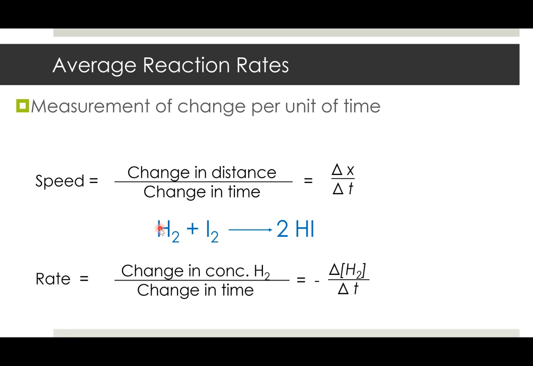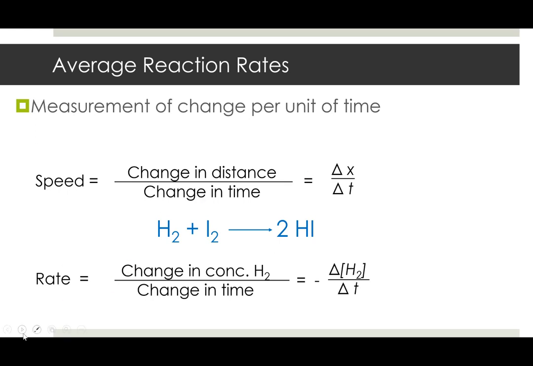Well, their concentration is going to go down, right? We're going to use up hydrogen. We're going to use up iodine, and we're going to create this new molecule, hydroiodic acid, okay? So we use these up in order to create our product. So the concentration of these guys will always go down, and the concentration of our products will always go up. So that we would see a positive if we were looking at our product.